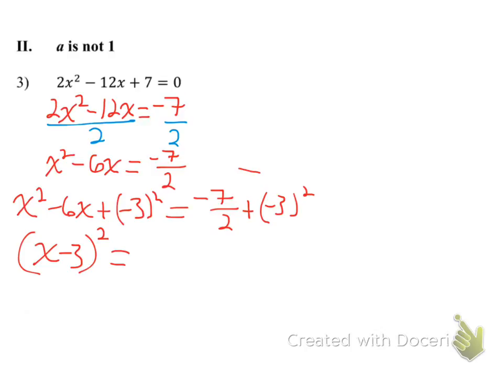And then we can just use our calculators to do the right side. Once we have that, we are ready to take the square root of both sides. So x minus 3 equals square root of 11 over 2, plus or minus.